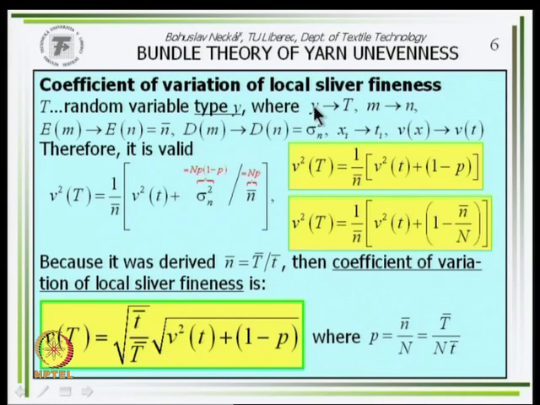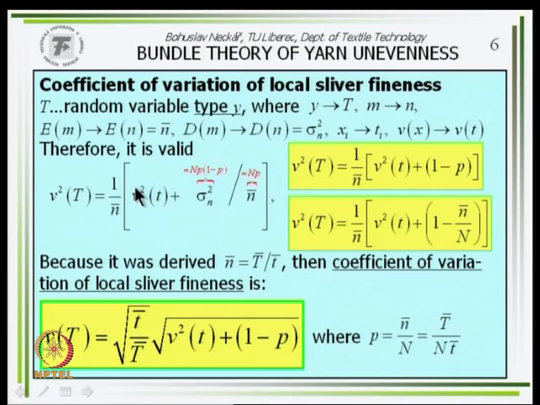Now, in the place of y is capital T, in the place of m is small n, in the place of EM is evidently the mean value n bar, in the place of DM is Dn, which we call sigma square n, and in the place of each xi we now use Ti, and of course in the place of Vx in the general formula we now have especially Vt.